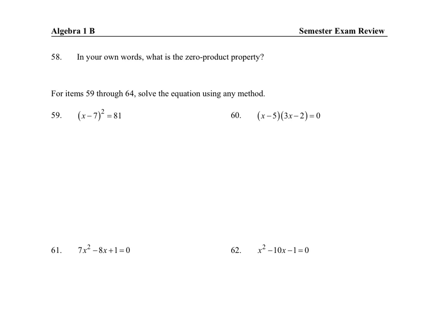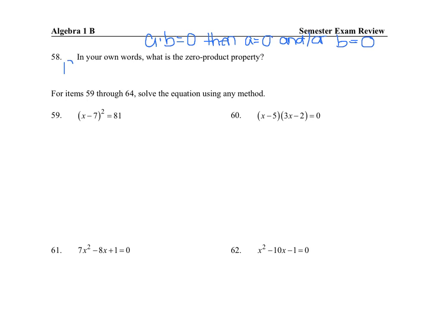Question 58. In your own words, what is the zero product property? Well, the zero product property is if a times b equals 0, then a equals 0, and or b equals 0.